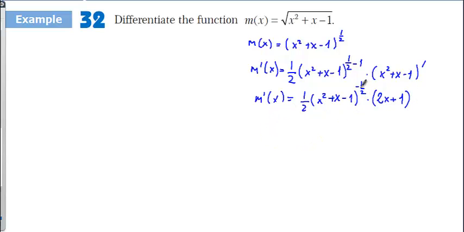Now the power is minus 1 over 2, so you can send this to the denominator, and it will be like this: m derivative x is equal to 1 over 2 times 1 over (x squared plus x minus 1) to the power of 1 over 2, times 2x plus 1.